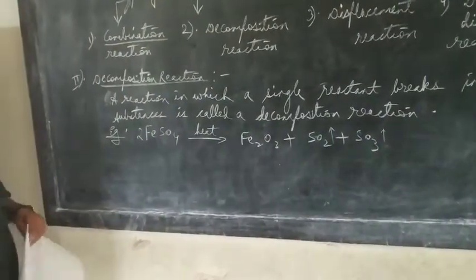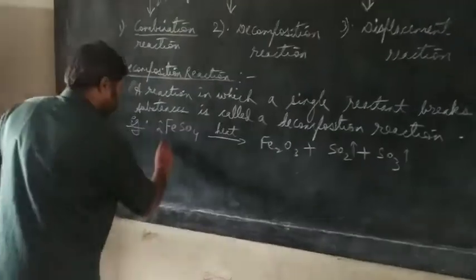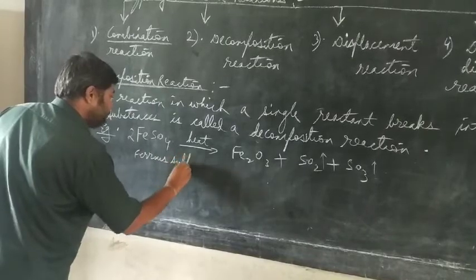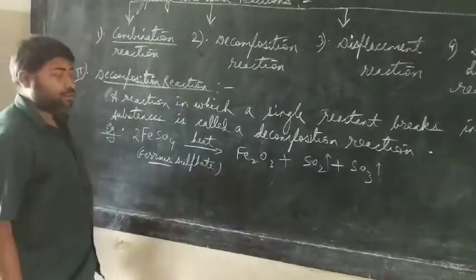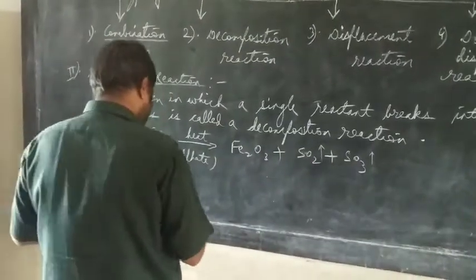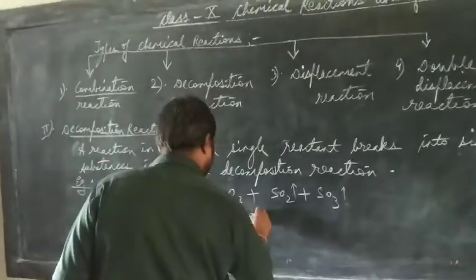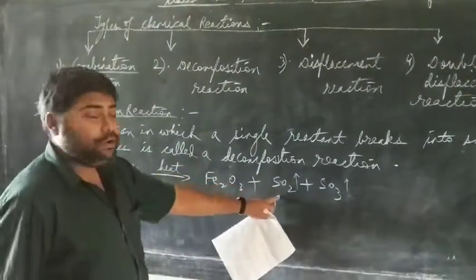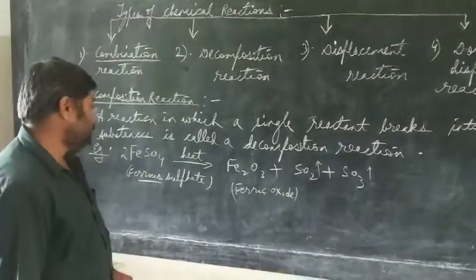Now students, this is ferrous sulfate, and when you heat it, it breaks into ferric oxide, sulfur dioxide and sulfur trioxide. These two gases are produced.